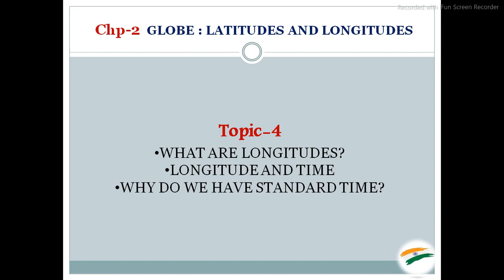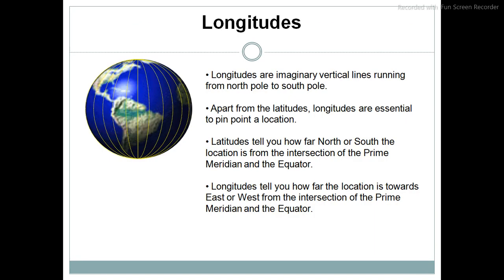Cadets, this slide we had already discussed, as you are observing here. In our previous class we had seen what longitudes are. Longitudes are the imaginary vertical lines running from north to south pole.